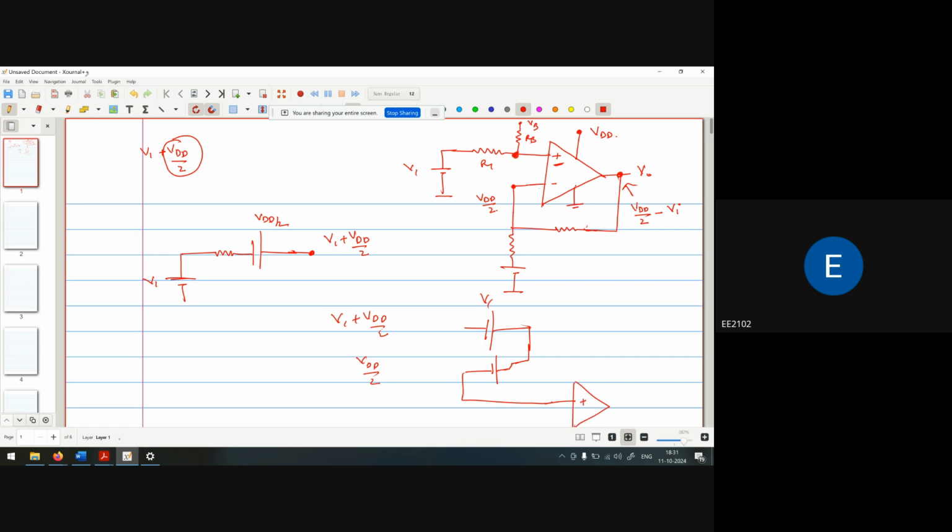Second thing, either connect this battery from here, or connect only VDD by 2 at the negative side also, not in this way but in this way.